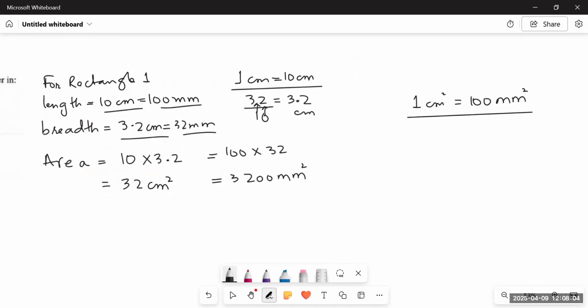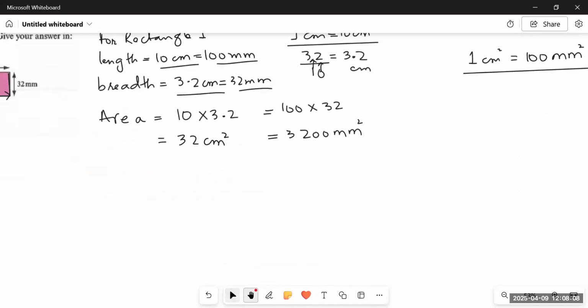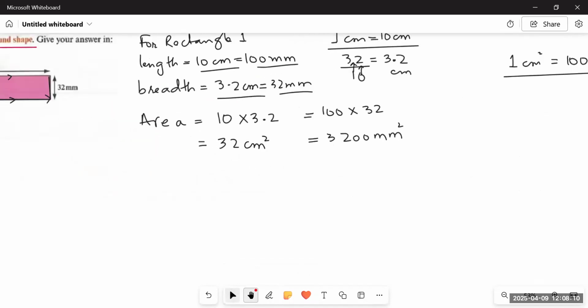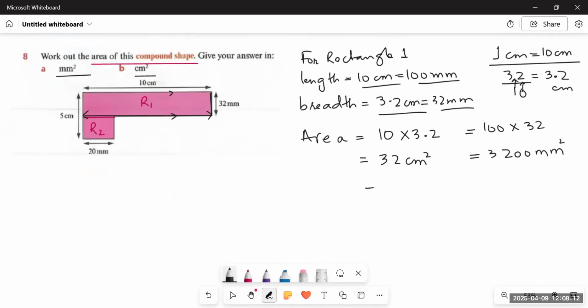So 1 centimeter square is equal to 100 millimeter square. So if we are provided with 32 centimeter square, we can easily convert it into millimeter square by multiplying by 100. So the answer will be 3200 millimeter square directly. So this is the area of rectangle 1. Let us keep it separate.